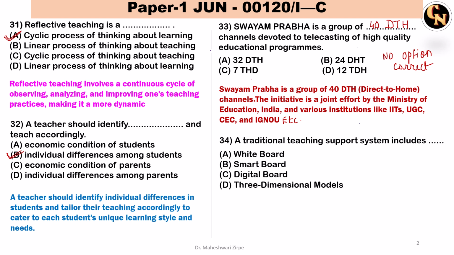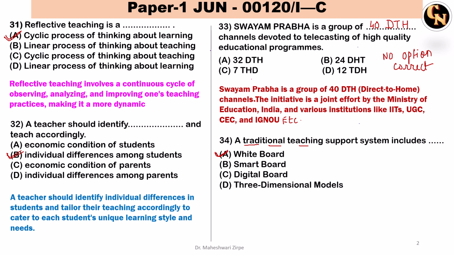Now the next question is, a traditional teaching support system includes dash. We know that traditional teaching includes supports like, among the options given, whiteboard, smart board, digital board, and three-dimensional models. So traditional teaching, that is blackboard or whiteboard, we can include.